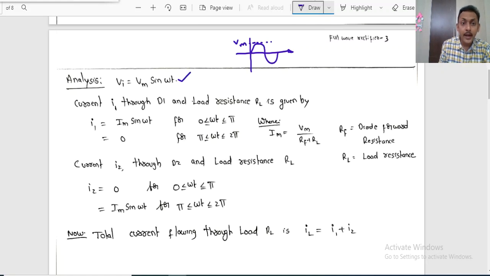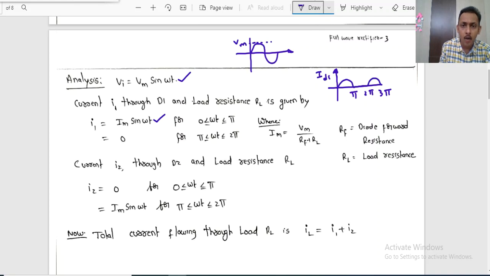Now the current I1 through diode D1 and the load resistor RL, let that current value be I1, is given by Im sin omega t. If we observe the previous waveform, it exists from 0 to pi, then from pi to 2 pi it is 0, and again from 2 pi it has magnitude. So this is the current through the diode D1, represented with the variable ID1.